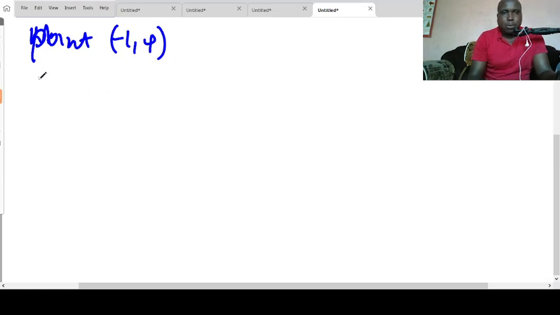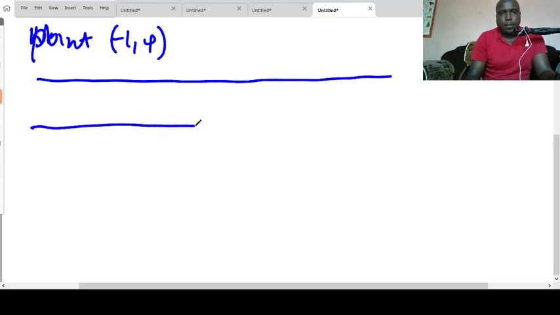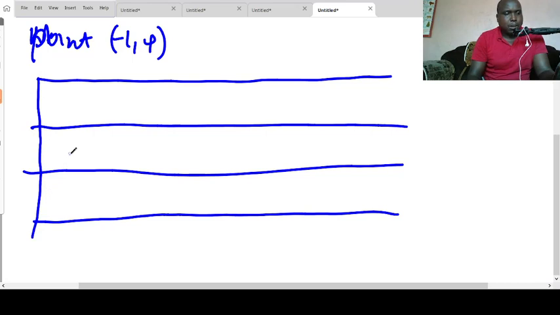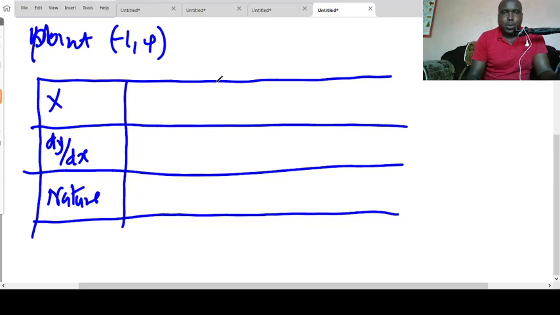So you draw a table with three rows. It is a simple table where we have the value of x, the next one is dy over dx, and the next one is the diagrammatic representation, that is the nature of the shape.